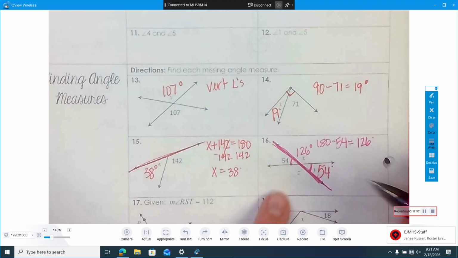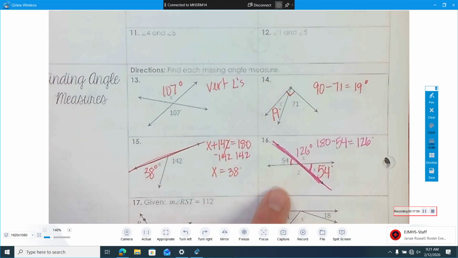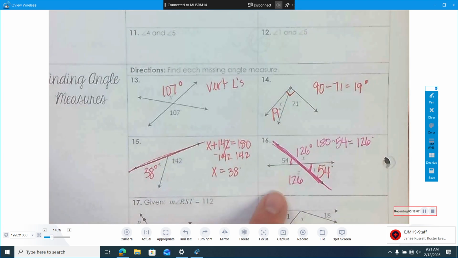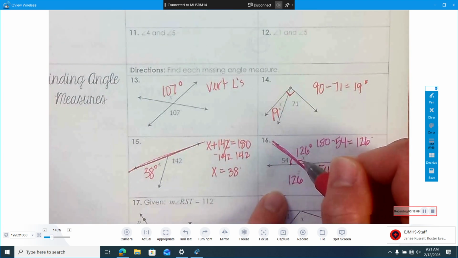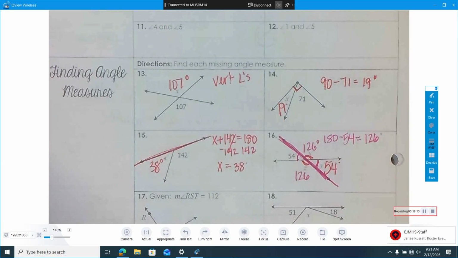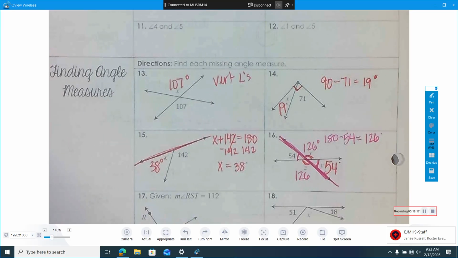Very good. And if X is 126, what's the Z? Also 126, because those are vertical angles, all right? So here we have the X and the Z are also vertical angles. What'd you say?